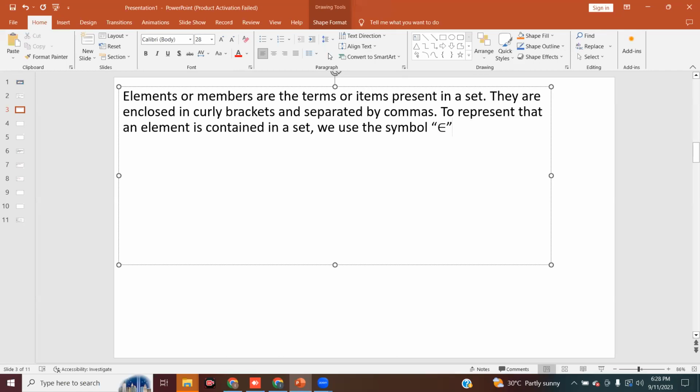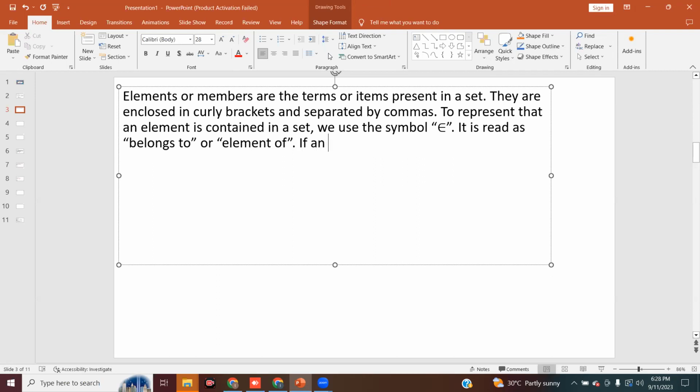That's the symbol we use. So it is read as belongs to, or is an element of. All right.